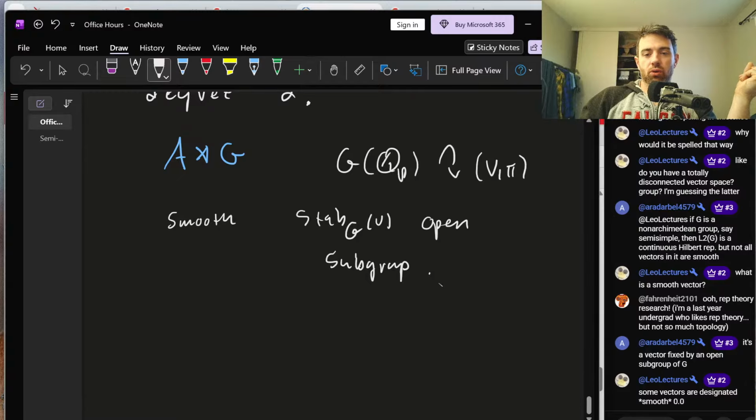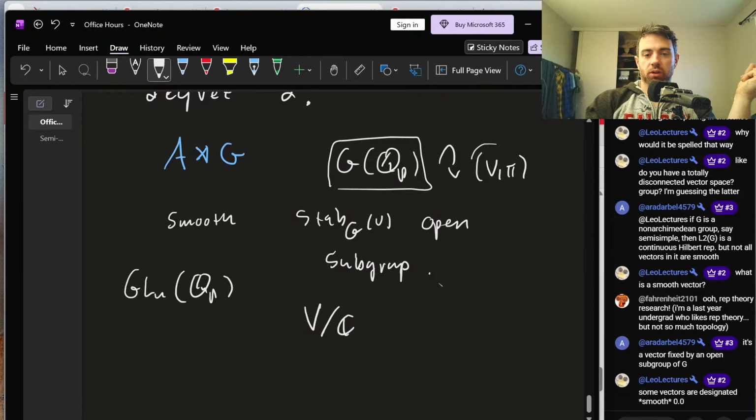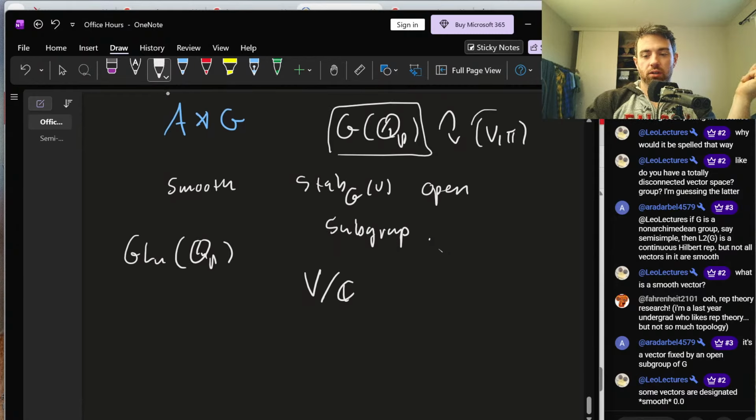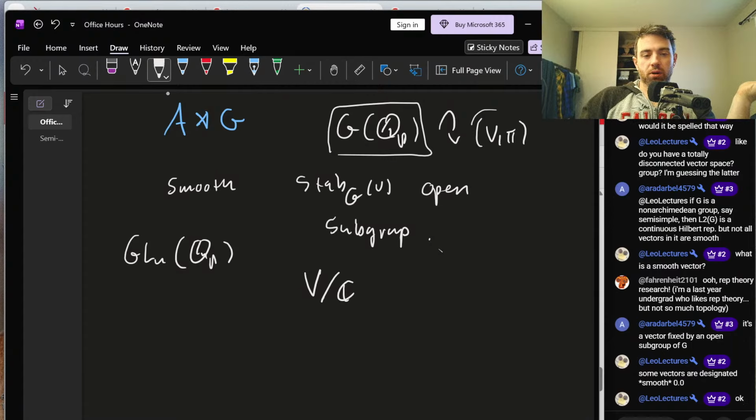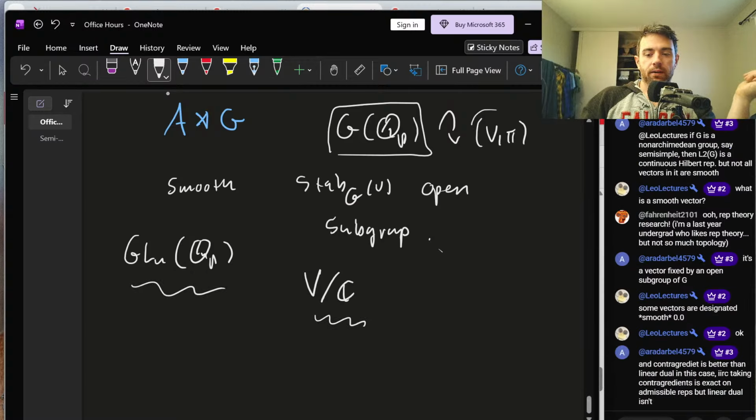So this is some totally disconnected group, like GL_n(Q_p). And your vector space V is a complex vector space. The way I normally think about it, I deal with complex vector spaces. And the topologies between these two things are kind of incompatible.